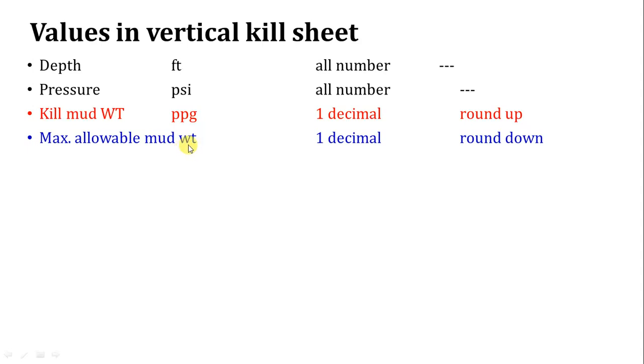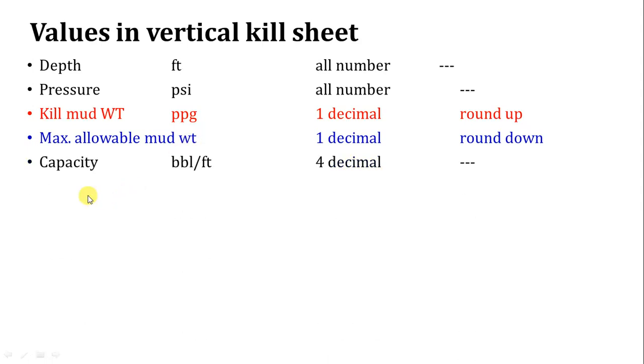For example, if it is 13.85, the formation is okay at 13.85, but 13.86 means that the formation will be fractured. So you have to take care and keep in mind that the maximum allowable mud weight for you to use in the section has to be rounded down. So 13.8 is enough.